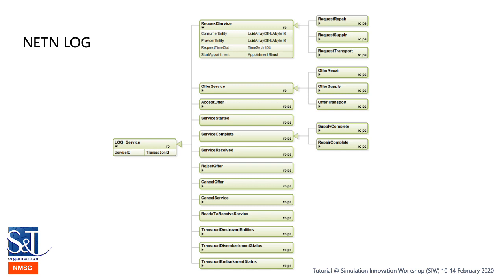And you can also reject offers and so forth. So these are the interactions that we use in order to model that pattern for negotiation, delivery, and acceptance of this type of logistics operations. So transfer of resources, repairs, transport of units and equipment.